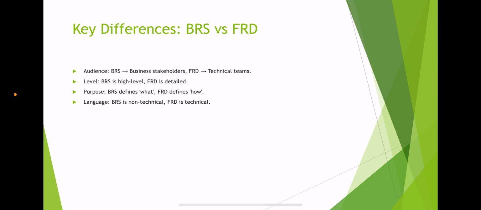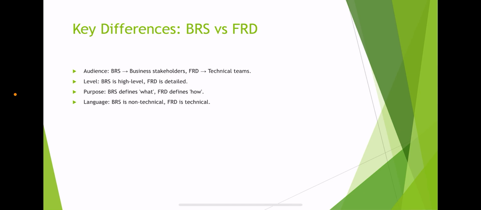In BRS, business stakeholders such as the client and the business owner team are the part of the BRS, whereas in FRD, the technical teams such as developers, testers, and QAs are the part of the FRD. But in some cases, sometimes testers are involved in the BRS by the team. So it depends from organization to organization.